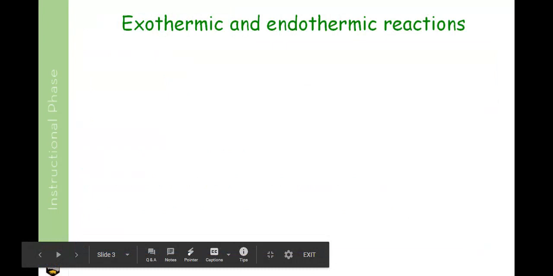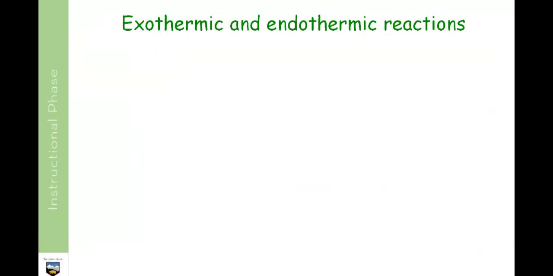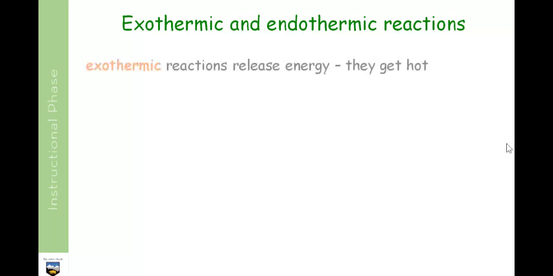Okay, so just to quickly recap from last lesson, we looked at 2 different types of reactions, exothermic and endothermic. Now, exothermic reactions release energy in the form of heat energy, and that's why they get hot. So this is how I remember it.